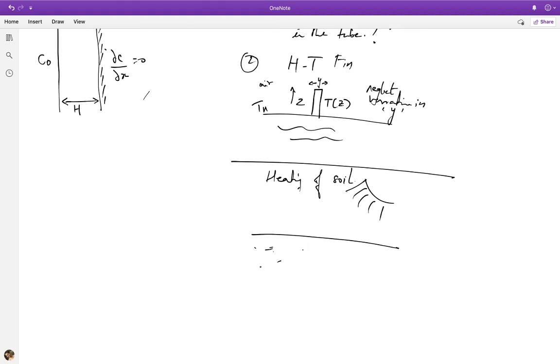This is the ground, and you have soil beneath the surface of the earth. On top you might have some trees and so on, and there is heating from the sun. So let's say we know the temperature at the surface here is Tg, temperature at the ground. And what we are interested in is knowing how the soil gets heated by heating from the surface. And so we expect it to be hottest, equal to Tg, at the ground, and then for the temperature to kind of decrease with depth, as it goes into cooler soil.